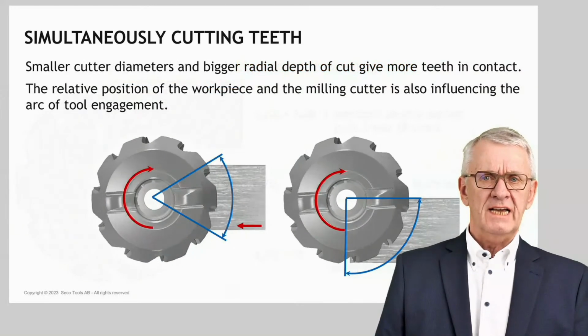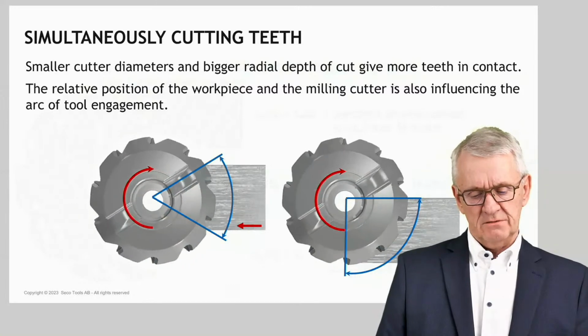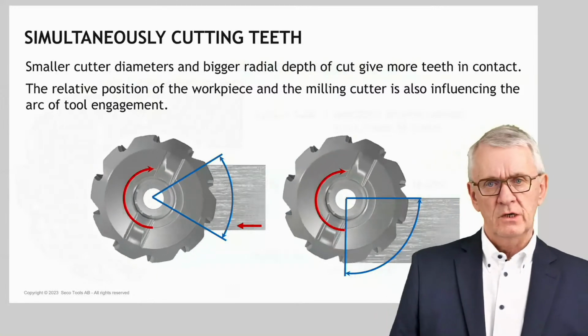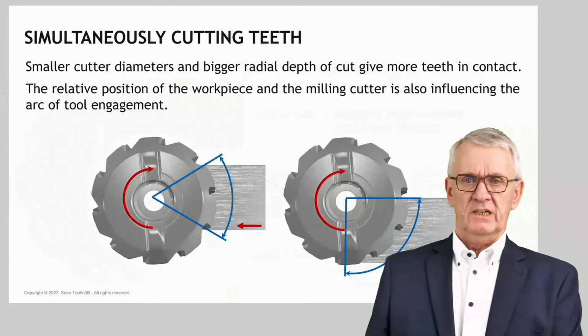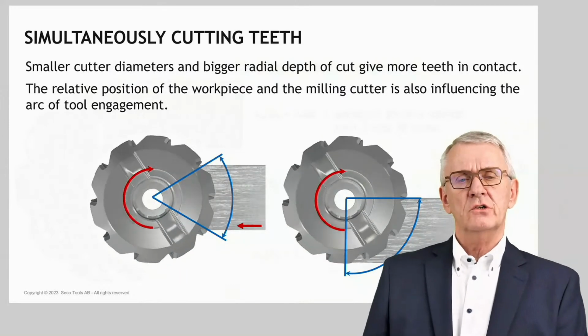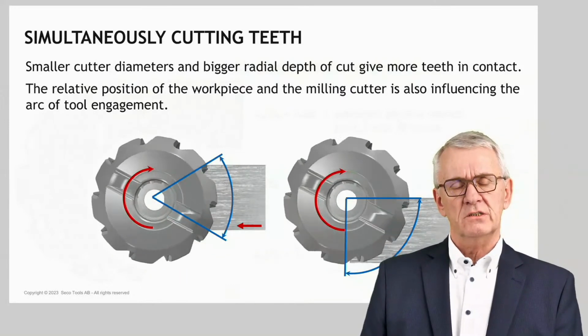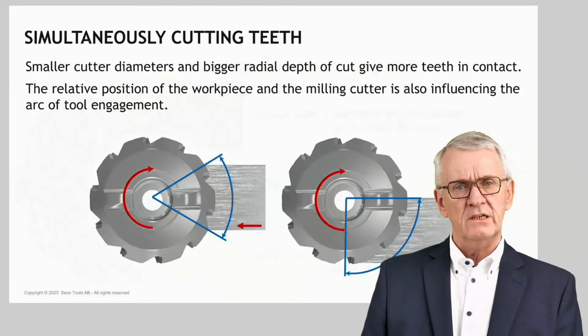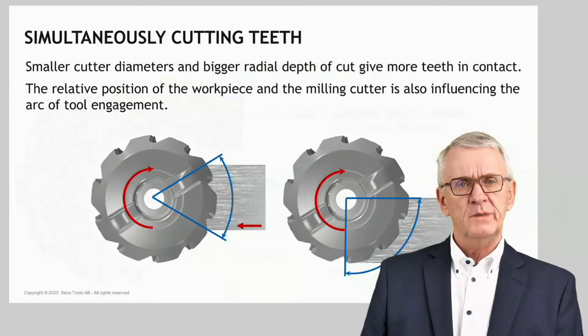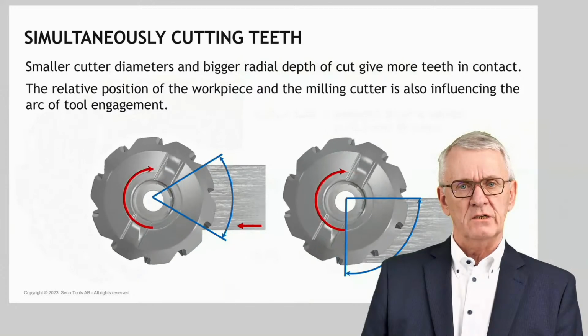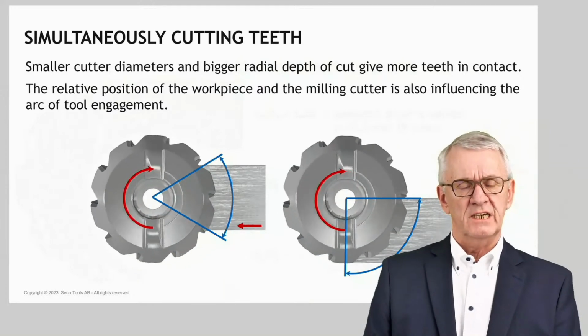Now, next to the diameter of a milling cutter as a potential variable, and the radial depth of cut as a potential variable, there is also how you position the workpiece compared to the milling cutter. If you put a workpiece centrally before a milling cutter, you have a certain arc of engagement.